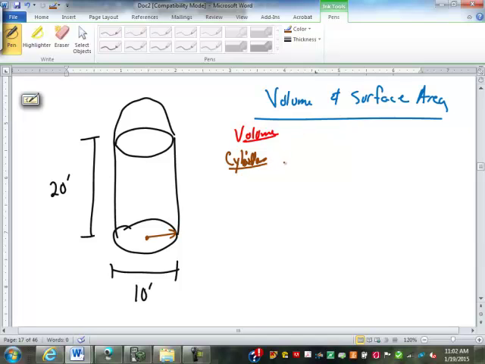Anyway, first thing we have to find is the area of the base, which is the area of a circle, which is going to be pi times what? 5 squared, which is going to be 78.5 square feet. What do we do with that?